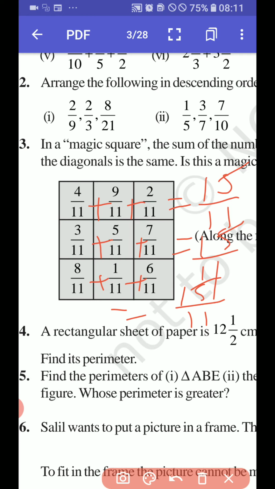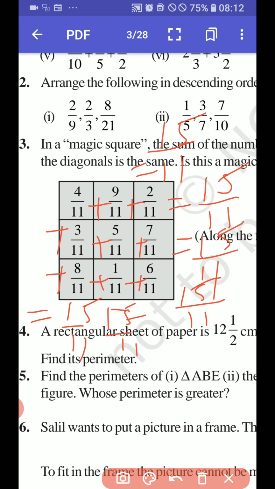The same way, if I add column wise, I will get 4 upon 11 plus 3 upon 11 plus 8 upon 11 equals 15 upon 11. Likewise, 9 upon 11 plus 5 upon 11 plus 1 upon 11: 9 plus 5 is 14, plus 1 is 15 upon 11. The same way, 2 upon 11 plus 7 upon 11 plus 6 upon 11 equals 15 upon 11.